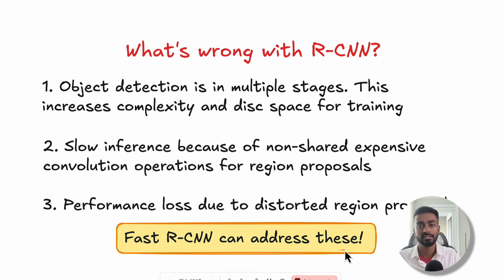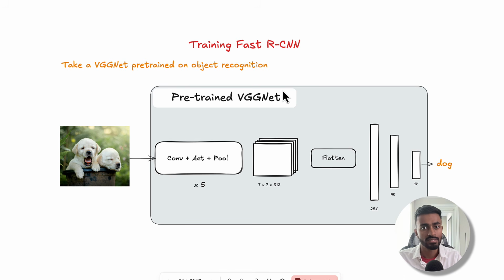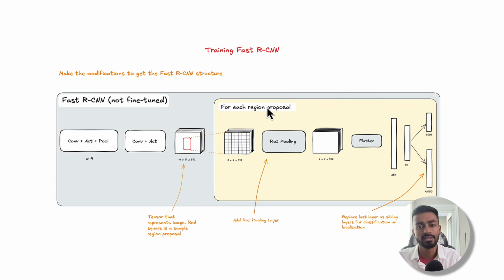can address these. So Fast RCNN uses a pre-trained VGGNet as its base, and then it makes two major modifications. The first is that it replaces the last max pooling layer with an RoI pooling, and the second is that it replaces the original classification 1000 neurons with sibling heads for classification and localization.